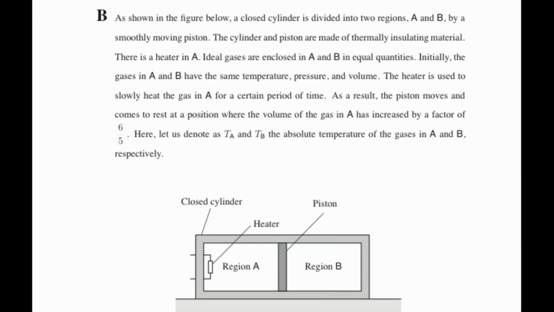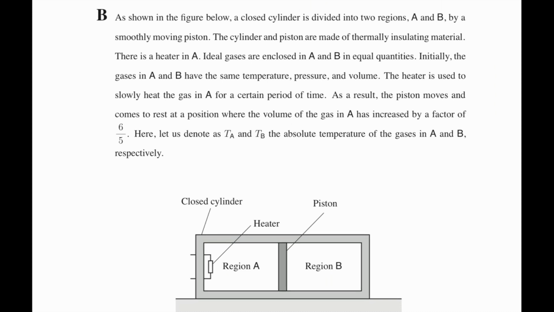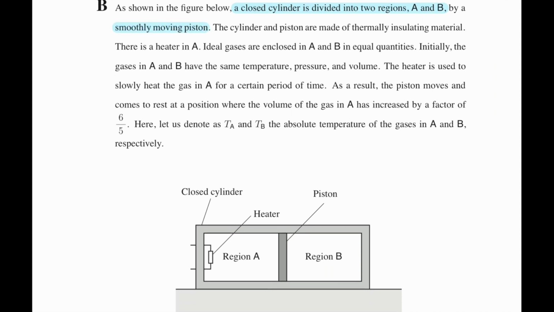For question number 8, I have a closed cylinder that is divided into two regions A and B by a smoothly moving piston. As you can see in the diagram below, you have region A here and region B there, and they are separated by a moving piston. The cylinder and piston are made of thermally insulating material.